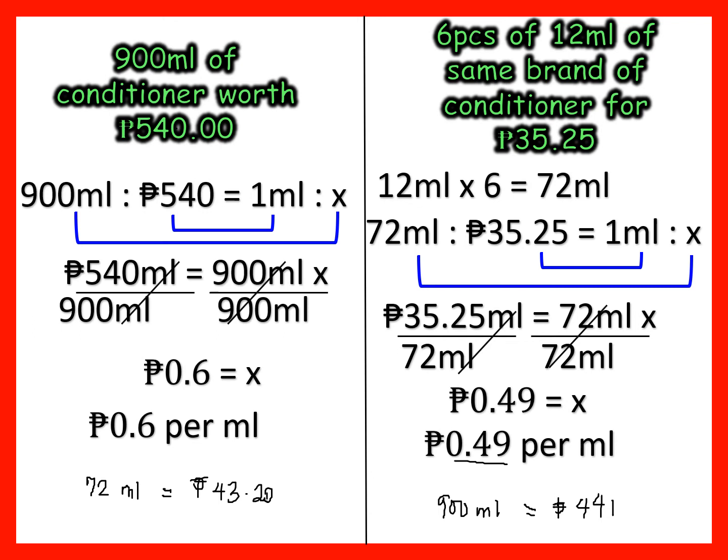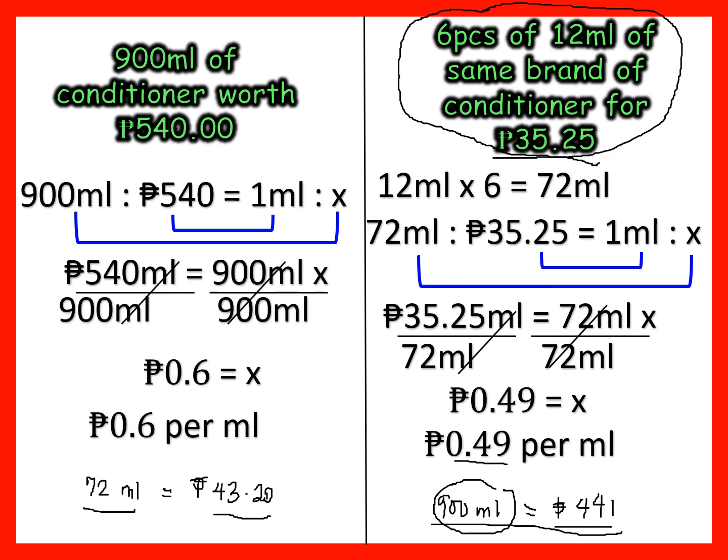So therefore, if you compare, this one has a better value because for 900 ml, you will pay for only 441 pesos. Compared to this one, for 72 ml, you will pay 43 pesos and 20 centavos, but in this rate, that's 35.25 only. So therefore, we can say that 6 pieces of 12 ml of same brand of conditioner for 35 pesos and 25 centavos has a better value.